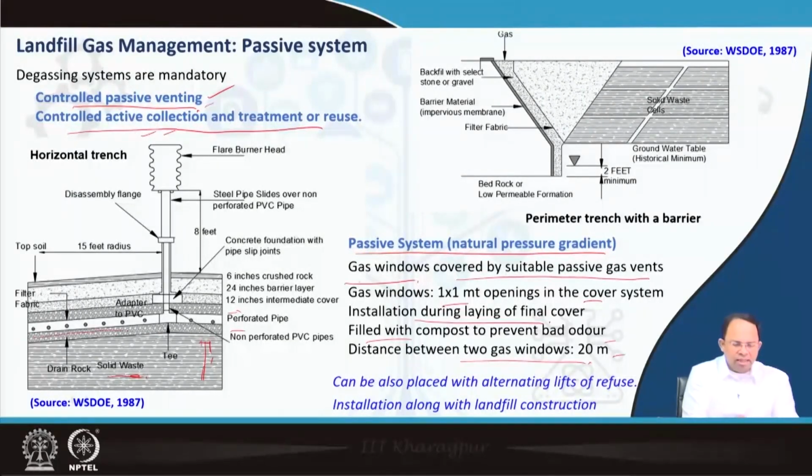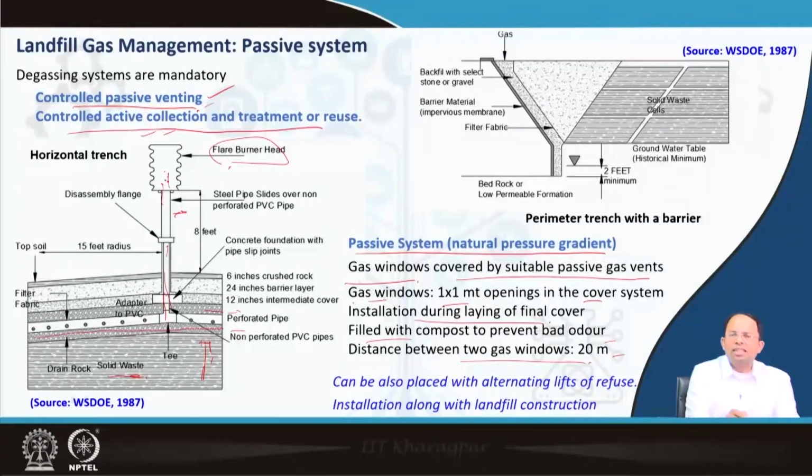Over here, we have laid a pipe, which is a horizontal pipe, right? And this has perforations which allow gases to move inside. And then at certain intervals, we have these gas windows through which we can take this pipe out, right? Or the gas can be taken out. And above there is this metal pipe fitted with a flare or a burner head, where the gas could be burnt.